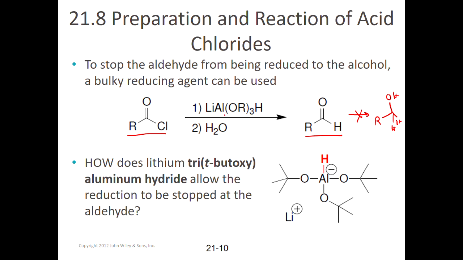So this reagent here, which is lithium tri-tert-butoxy aluminum hydride, is like LAH in that it has a hydrogen bonded to an aluminum with a negative charge, and that negative is unstable. So it's very good at delivering that hydride to a carbonyl carbon, which would produce this.